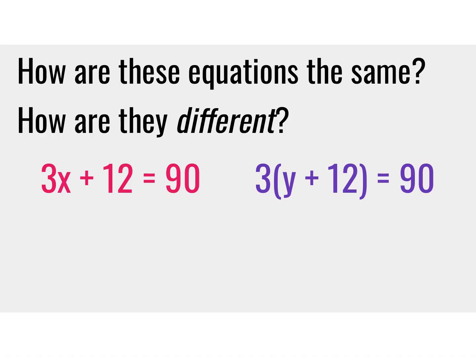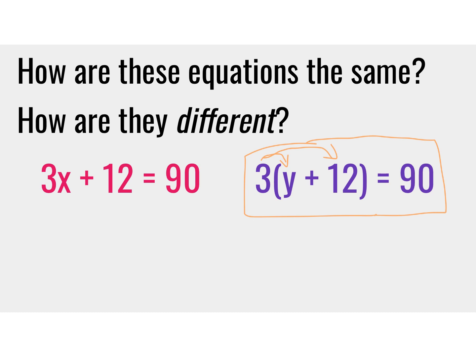Looking at these 2 equations, one of the obvious differences to me is that this equation right here has the parentheses in it. The parentheses make a big difference because with the distributive property, we are going to distribute the 3 to each one.